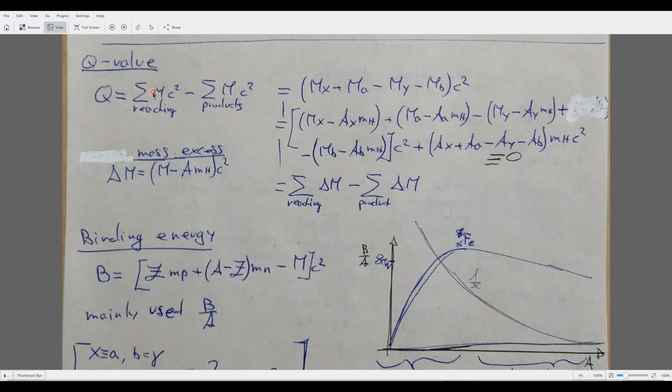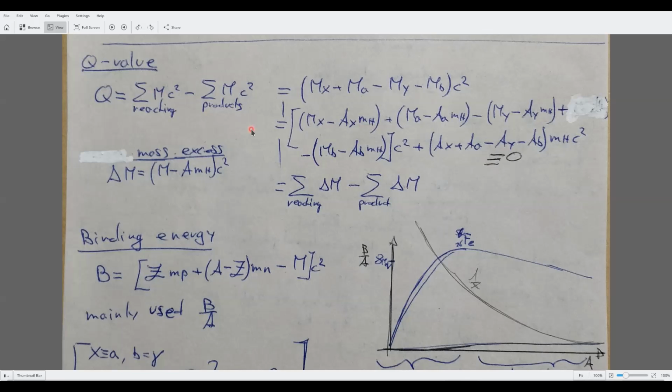If we are taking away energy, so the emitted particles have less energy, so they are cooler, that means energy is taken away from the system, so the reaction works against the sustaining of the nuclear reaction.